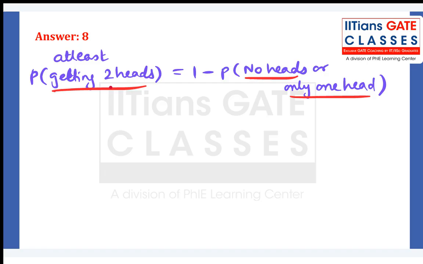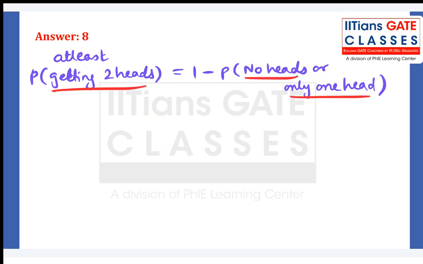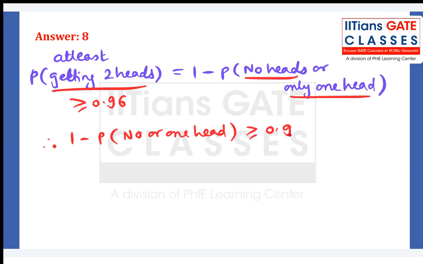So now the probability of getting at least two heads, as per this question, should be greater than 0.96. Okay. And therefore, if you write this, no or one head should be less than or equal to 1 minus 0.96, no?